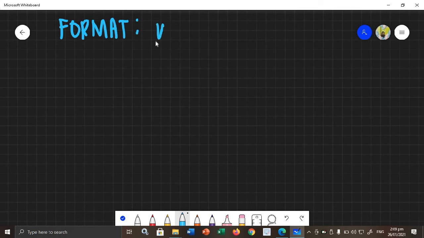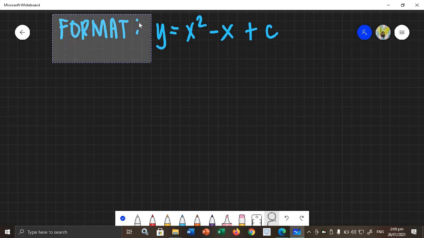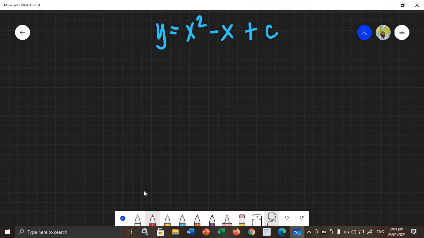So, this is the format in deriving quadratic function using the zeros of quadratic function. So, y is equal to x squared minus x plus c. So, yan. Dapat tandaan niyo yung format na yan kasi you're going to use that to derive a function using the zeros.